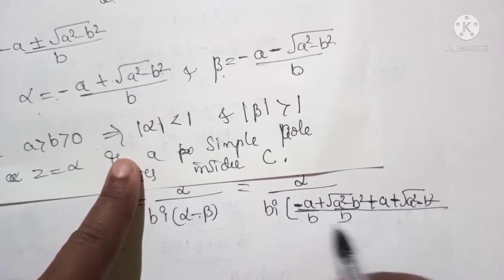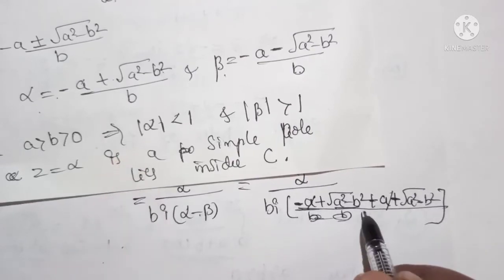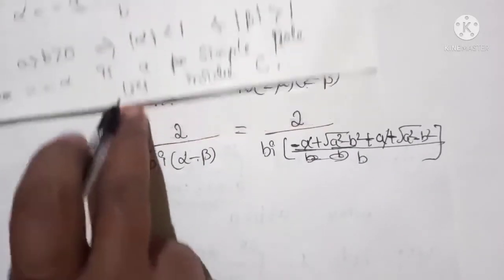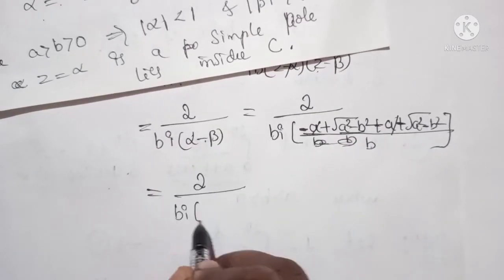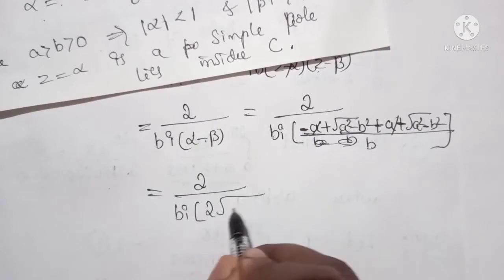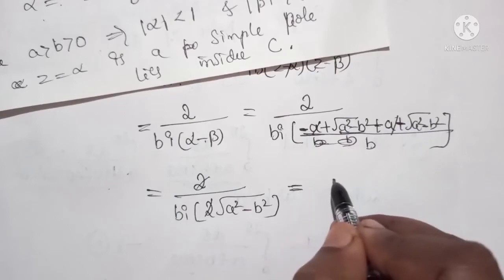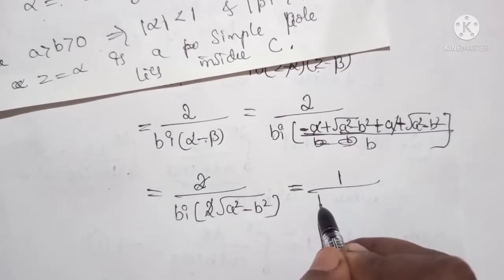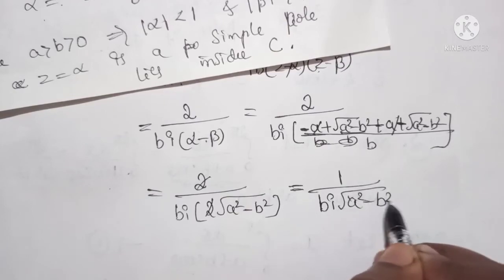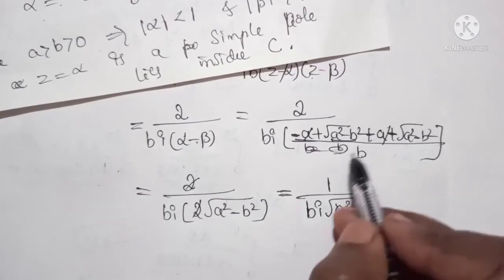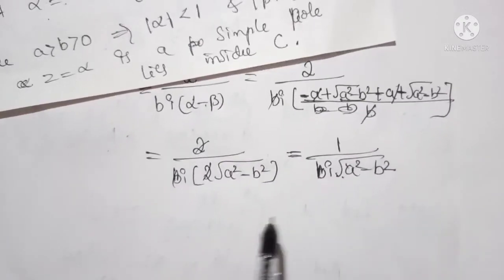So b is common to all terms, we write b here, plus a minus a gets cancelled. We get 2 divided by bi as it is, we get 2 root of a square minus b square. This 2 gets cancelled. We get 1 divided by bi root of a square minus b square. Even this b also gets cancelled. Simply we get i into root of a square minus b square.